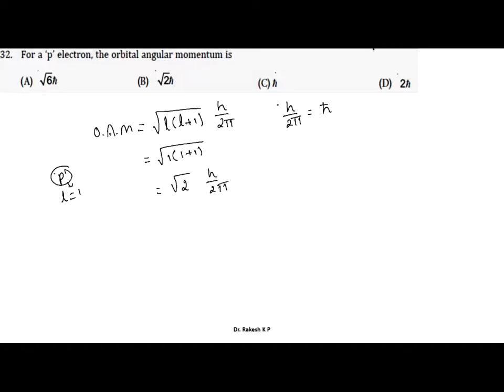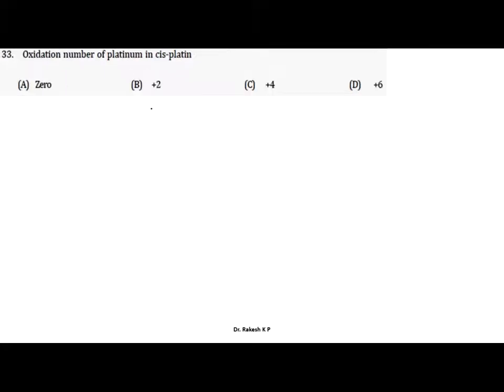We know that h by 2 pi can be written as h bar, the reduced Planck's constant. Hence the orbital angular momentum is equal to root 2 into h bar. So the option is B. Next question here. See the next one here.